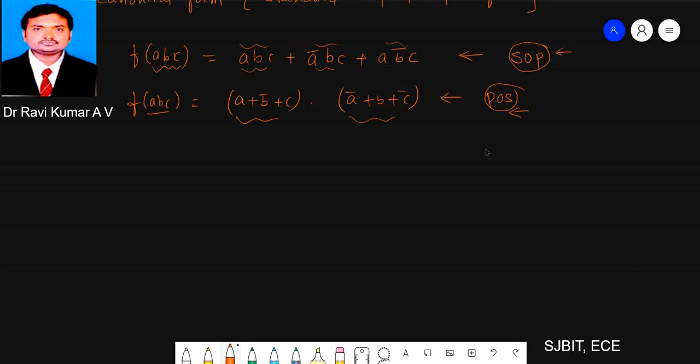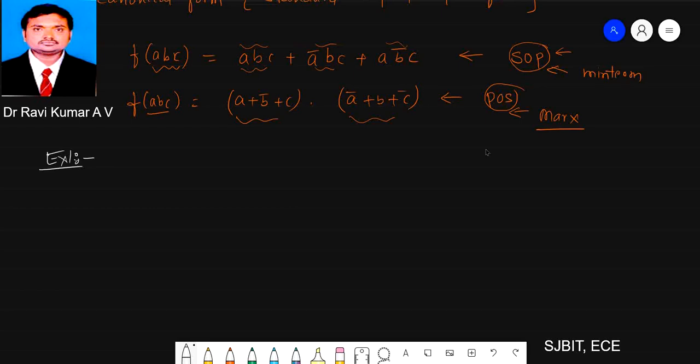As we know, in SOP form the literals are represented as min terms, and in POS form as max terms. Let me take a simple example of converting into standard canonical form.